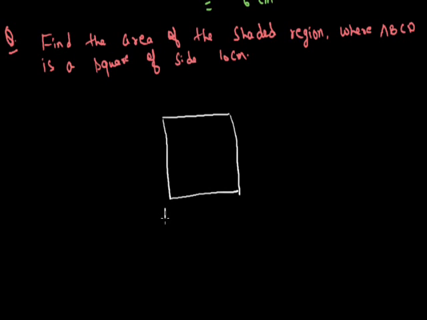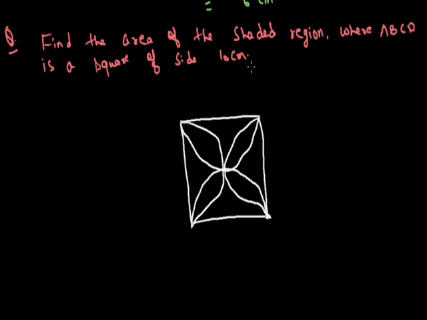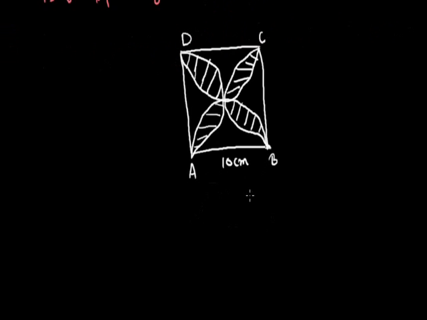This is a square. Now we have to find the area of this shaded region where the square is of side 10 centimeter.